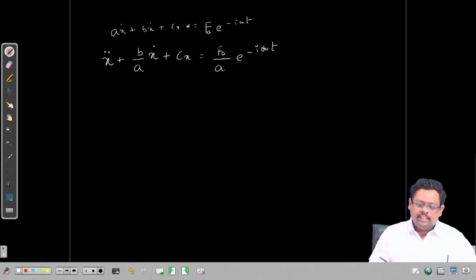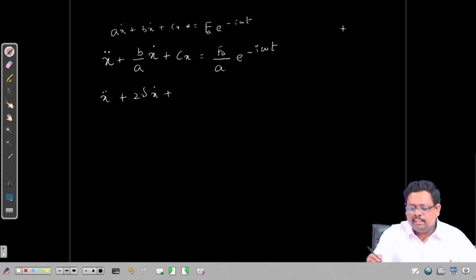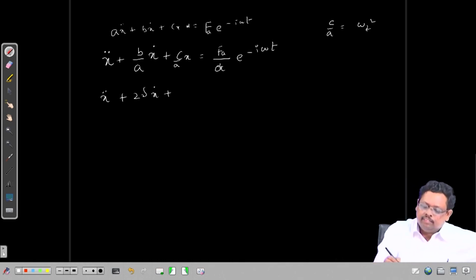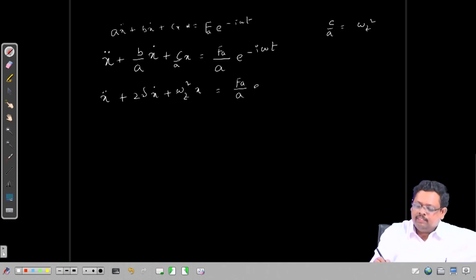Now, b by a I just write 2 nu x dot. And c by a is nothing but omega z square, which is the square of the natural frequency. So, instead of c by a, we write omega z square into x is equal to f a by a, and of course the e to the power minus i omega t is important.